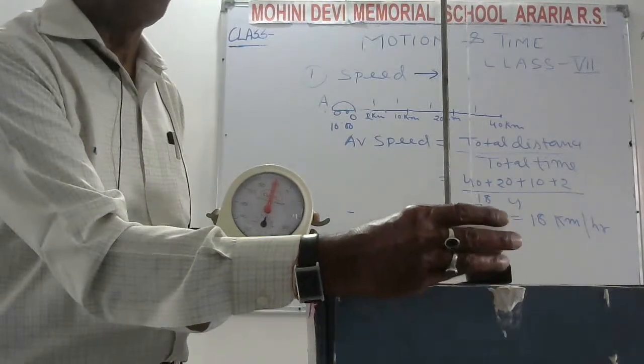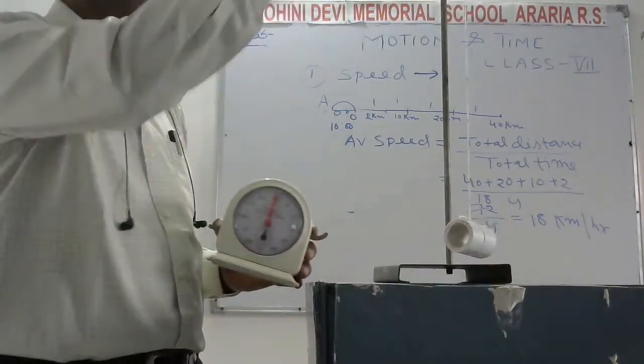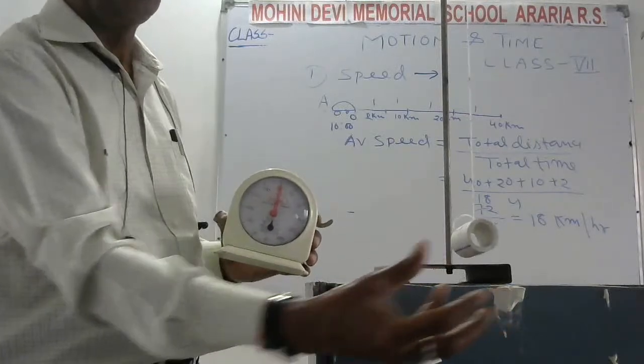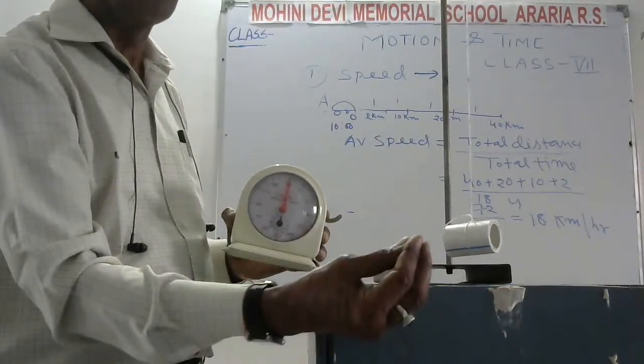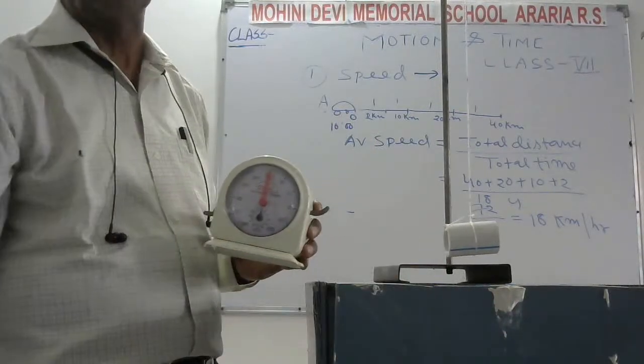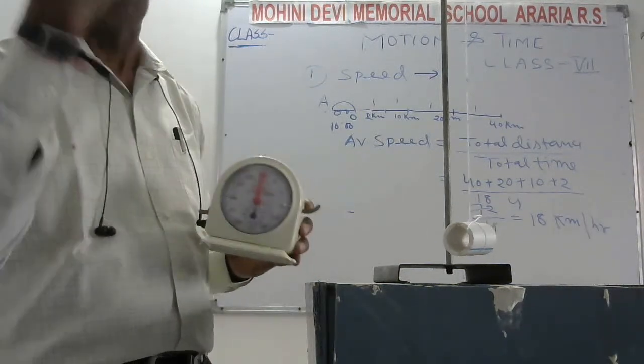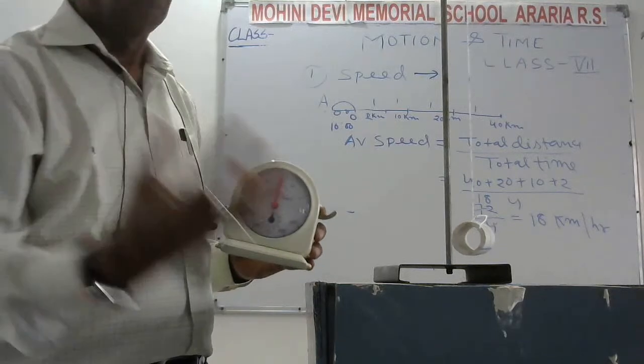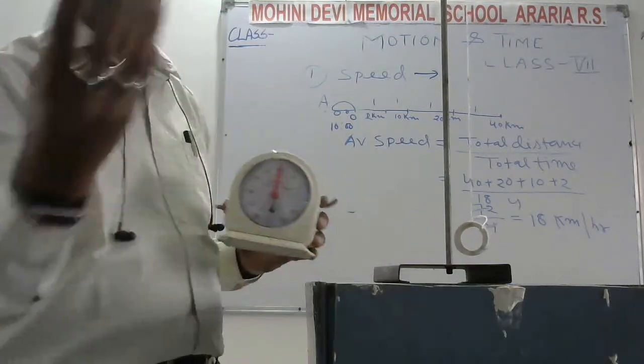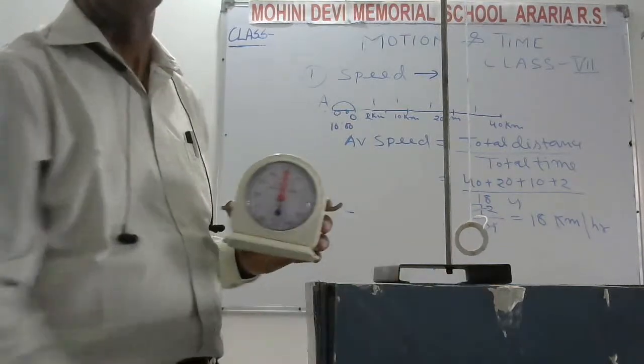This is a simple model of a pendulum. It is a thread, and in an actual pendulum, an iron bob is connected, and in a clock, there is an ebonite or any object hanging like this.